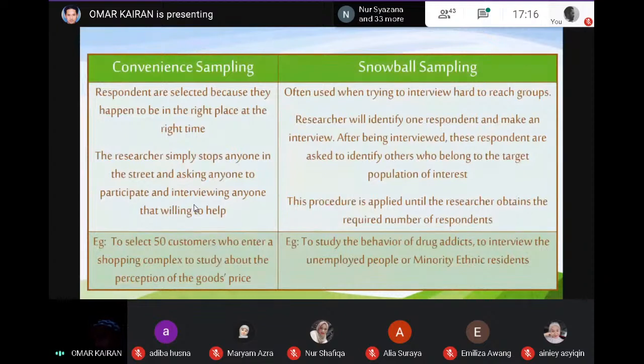Kita tak boleh anggap orang yang kurus kerempeng itu sebagai drug addict, tak boleh. So kena ada maklumat juga. So to get the kind of information, it should be from someone to another one, another one to another one and so on. So that is snowball sampling.